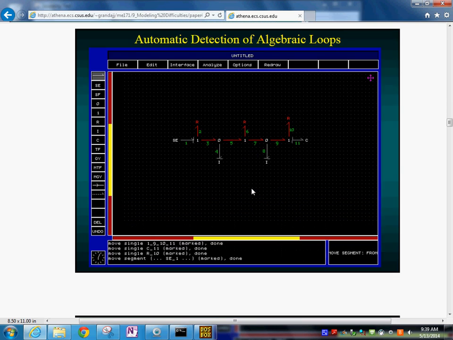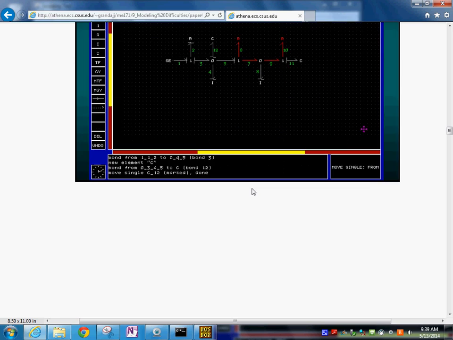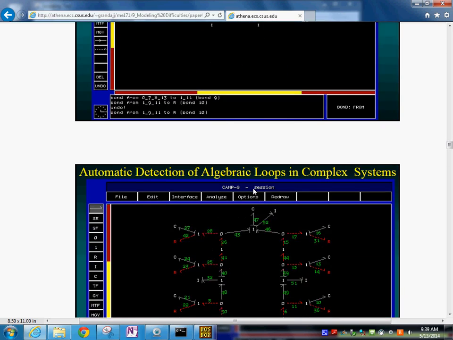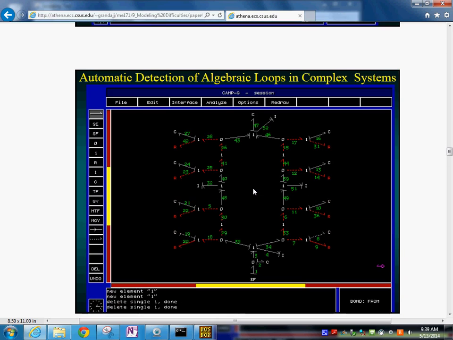But in this case right here, when you have a larger bond graph model, you find all these causal paths. So you are talking about 1, 2, 3, 4, 5, 6, 7, 8 of this.